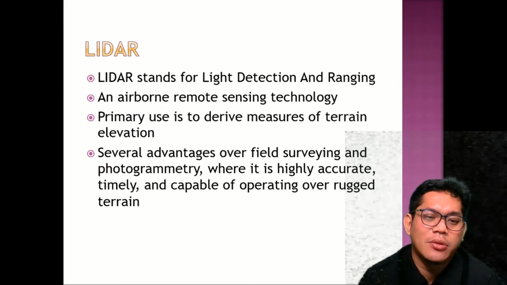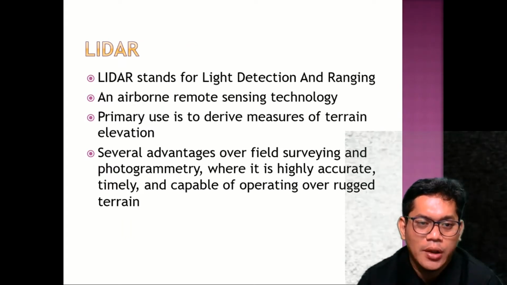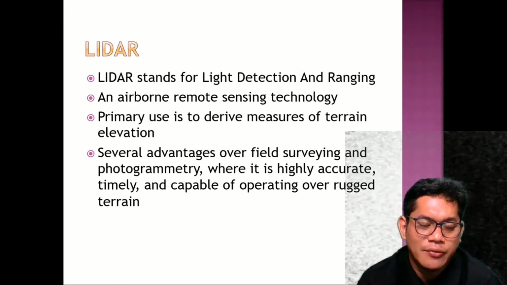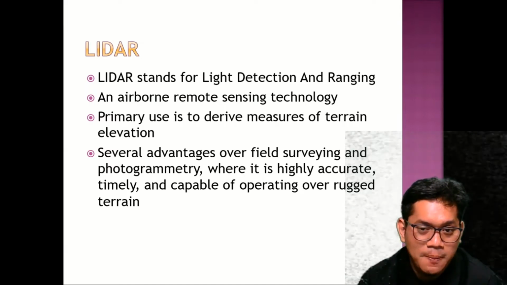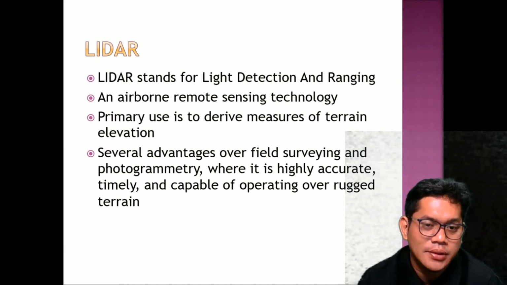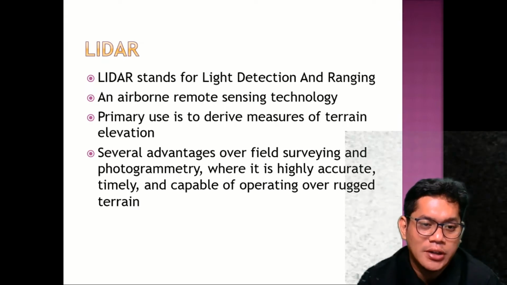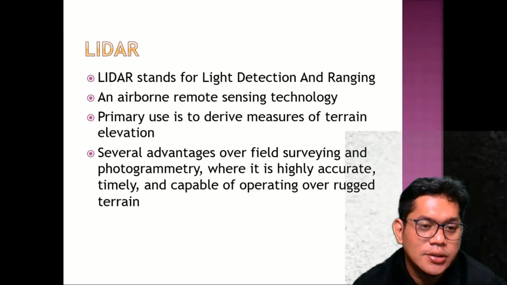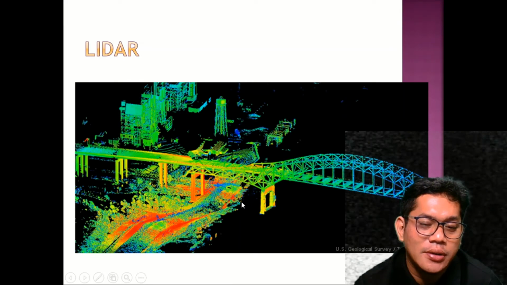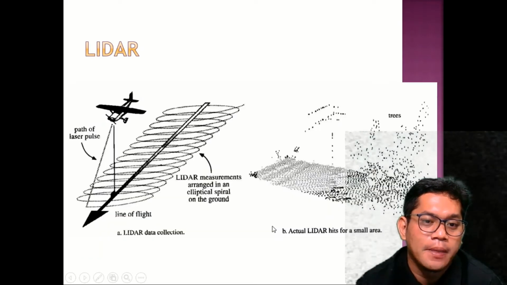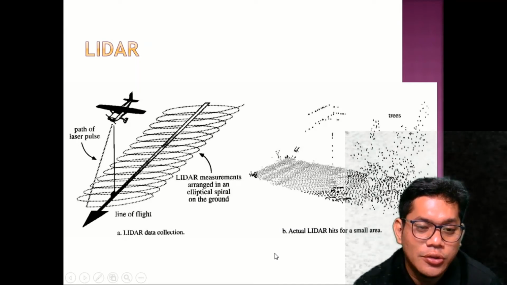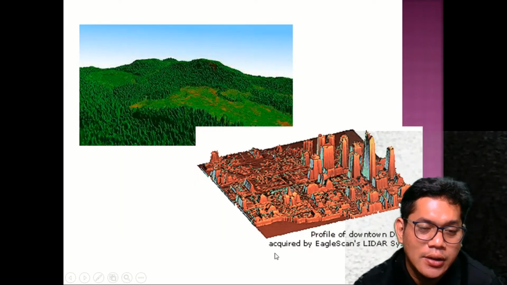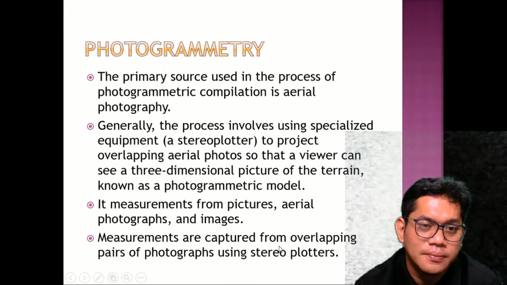Some of it we can use LiDAR, which is very good to derive the measures of terrain elevations down to 1 centimeter sensitivity. It is highly accurate, capable of operating over rugged terrain, and quite fast to operate, and it shows in 3D. Now we can use drones to do the LiDAR system, right?